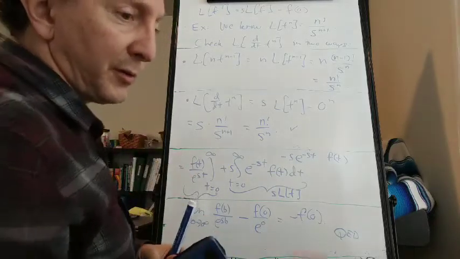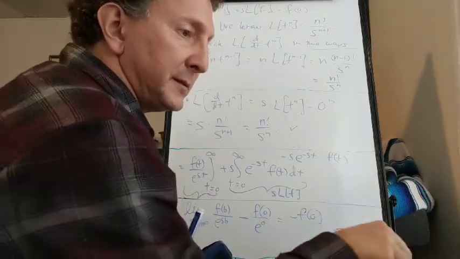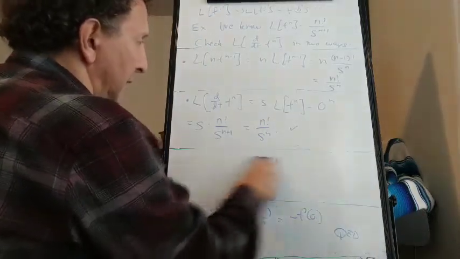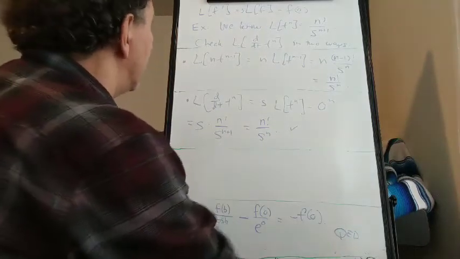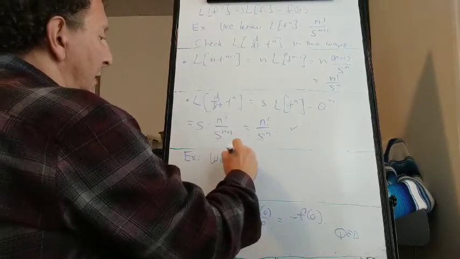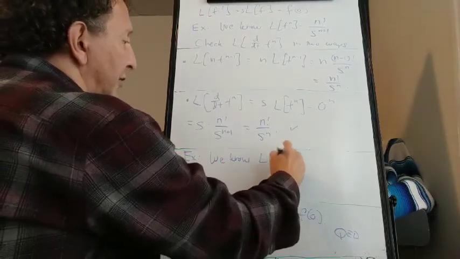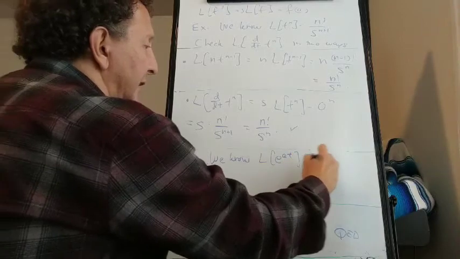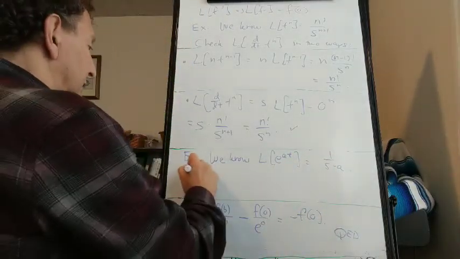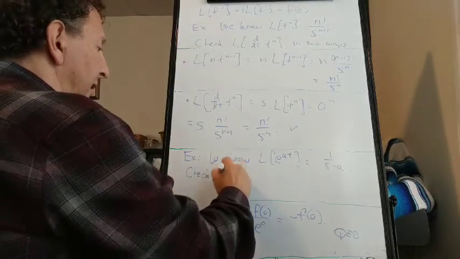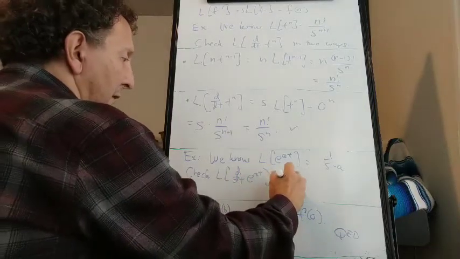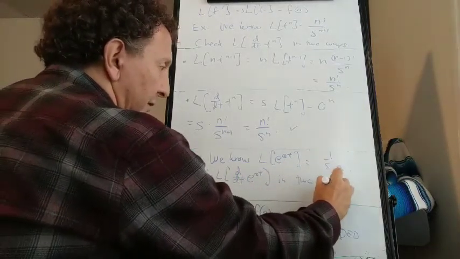Let's do this with another function we know. So for example, we know that the Laplace transform of e to the at is 1 over s minus a. So let's check the Laplace transform of the derivative of this in two ways.